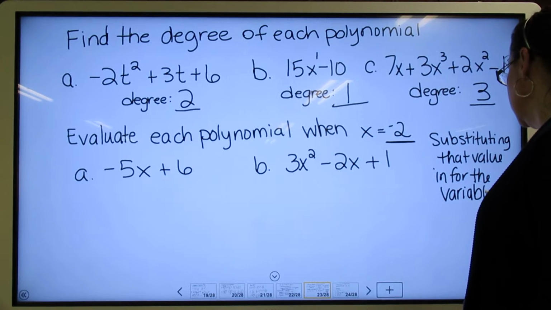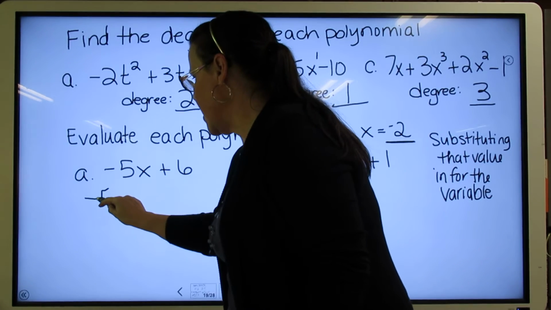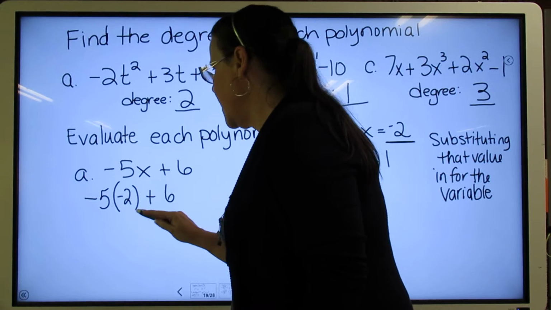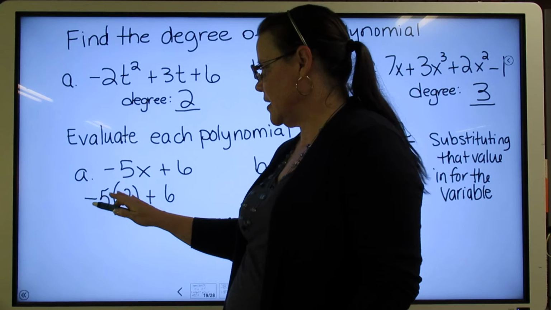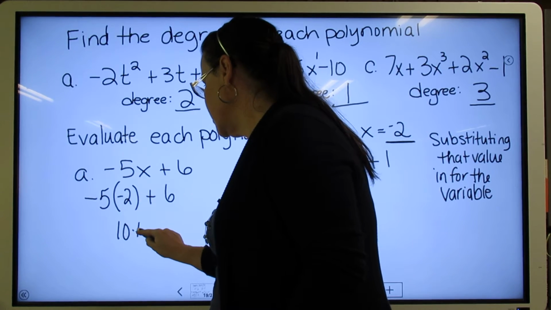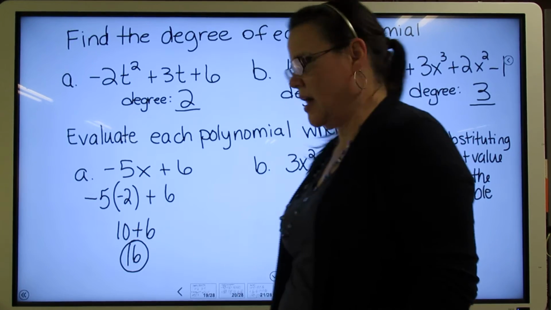In this case, x equals negative 2. So over here we're going to have negative 5 times negative 2 plus 6. And then you simplify it. Negative 5 times negative 2, negative times a negative is a positive, 5 times 2 is 10, plus 6 is 16. And there you have it.